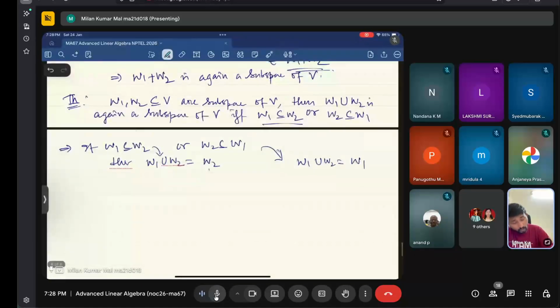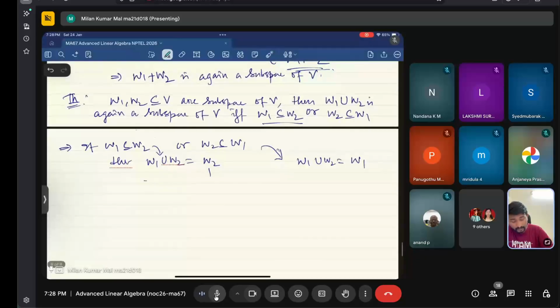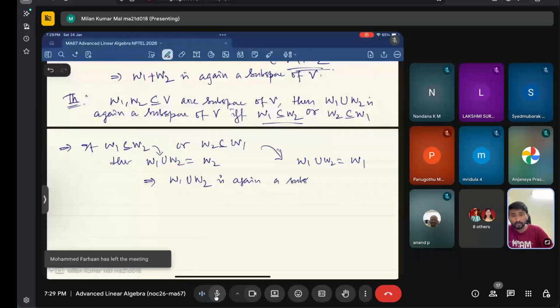Because W1 and W2 are both subspaces, W1 union W2 is again a subspace.